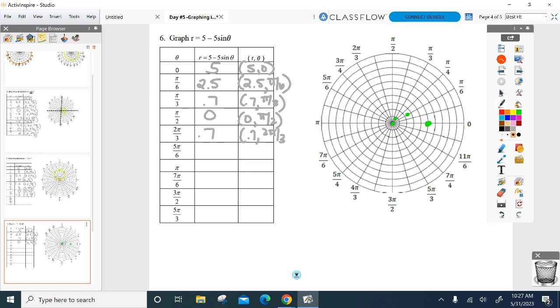No negative values yet, so we're not repeating anything. 2.5 next.